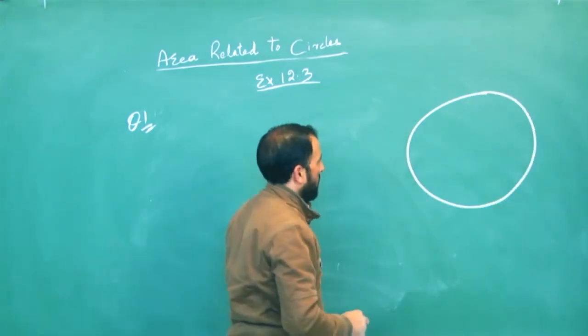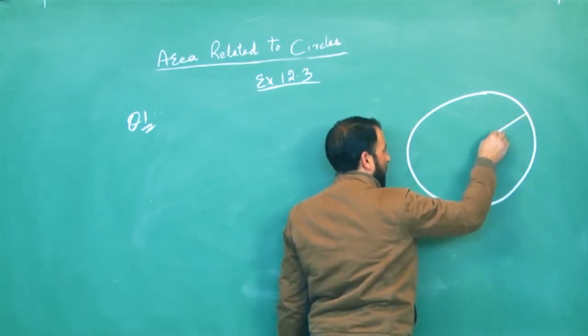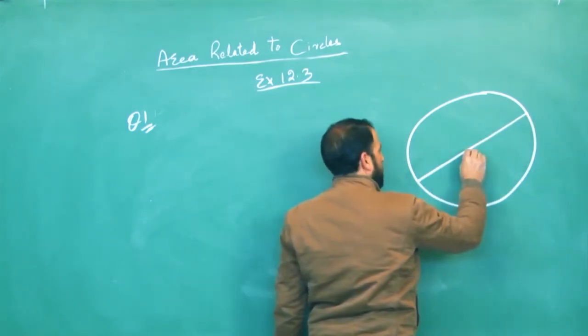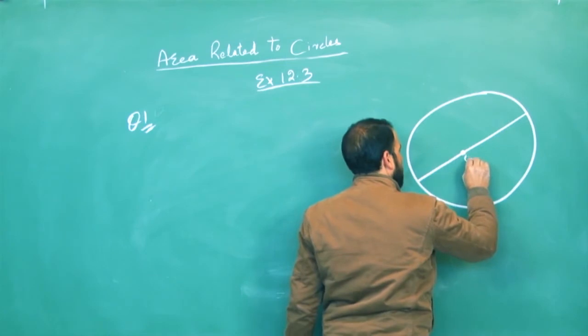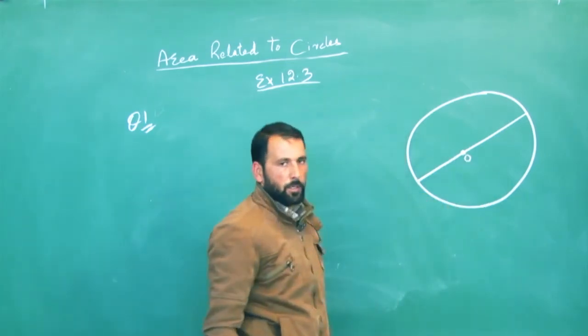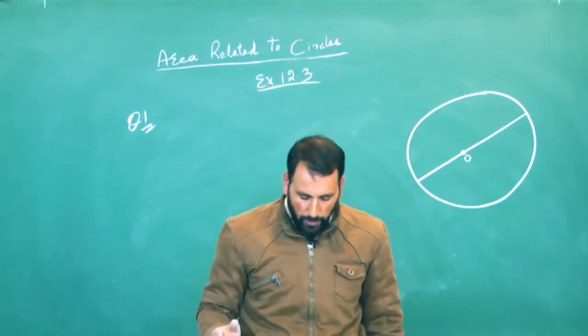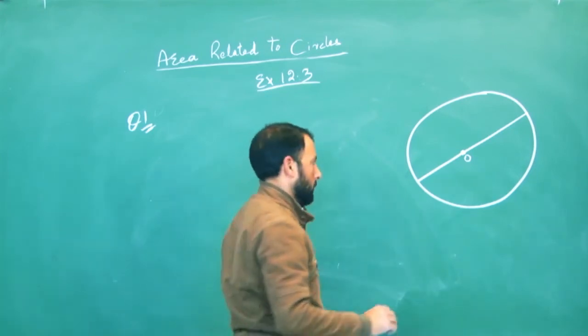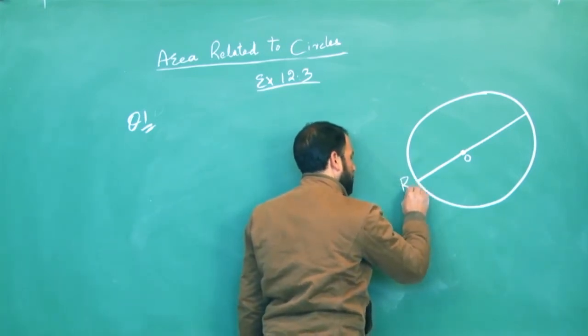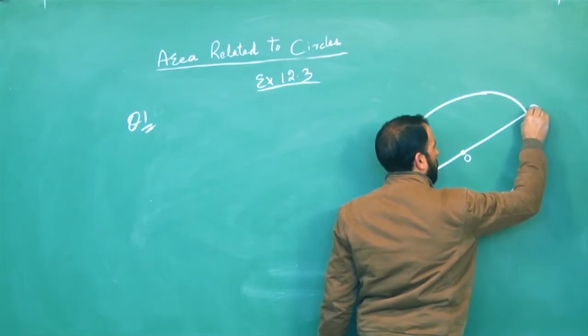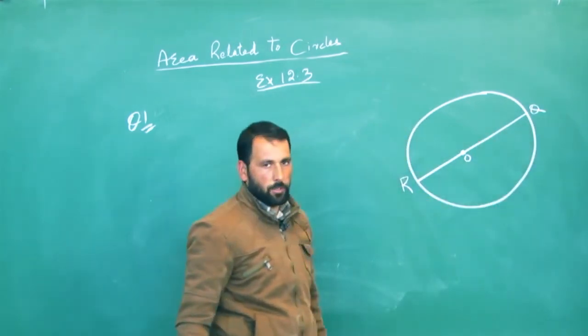This one is a line which passes through the center. Clearly, this line segment is known as the diameter of the circle. It is given in the question that RQ is the diameter of the circle.